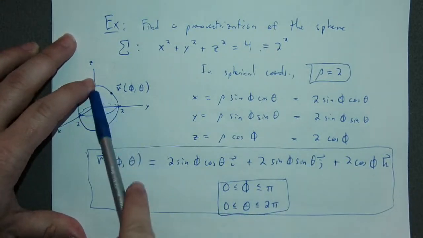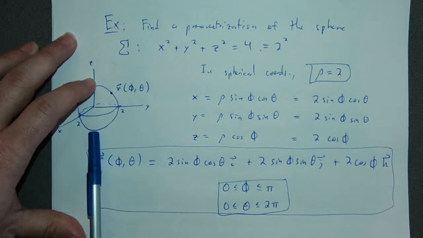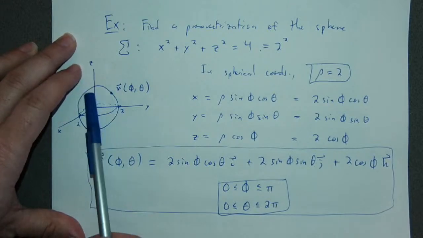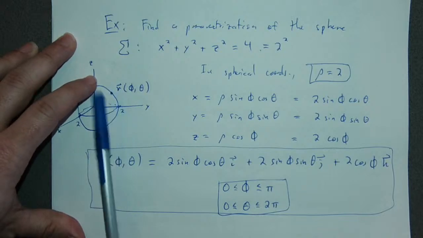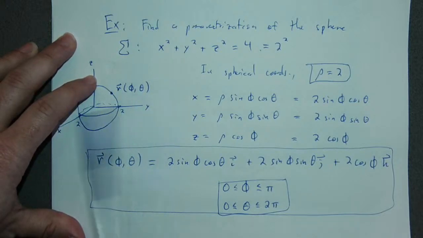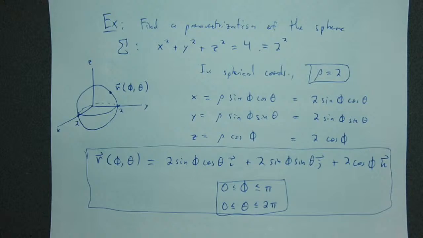When phi is equal to pi, what point do you get? You get the South Pole. When phi is equal to 0, you get the North Pole. When phi is equal to something in between, well, you need some theta to tell you what point around the circle you get. So typically you're getting some circle around that sphere.